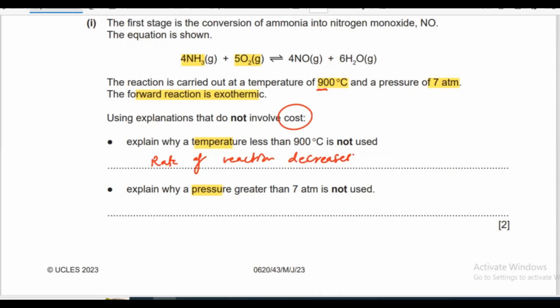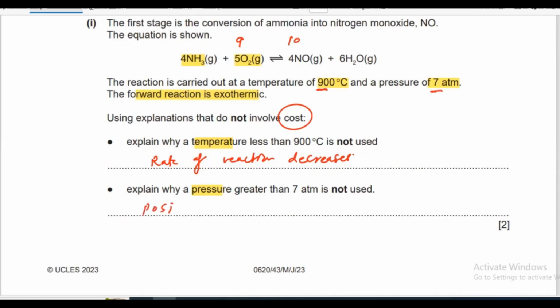Explain why a pressure greater than 7 atmospheres is not used. If we increase the pressure, we can see that 9 moles of gases are on the left hand side and 10 moles of gases are on the right hand side. So if we increase pressure, the equilibrium shifts to the left, towards fewer moles, and that will decrease the yield of the product.